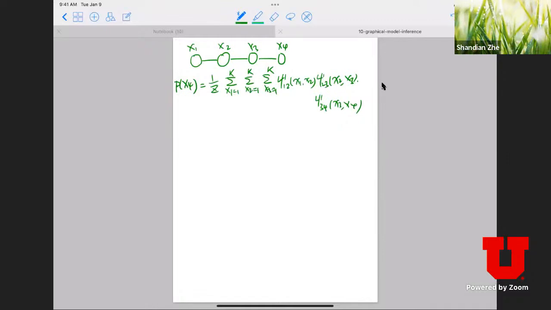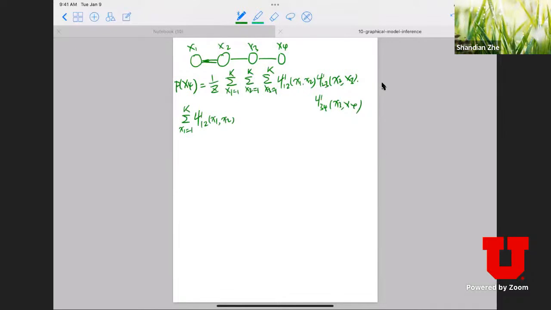Let's fix x2 and sum over the first potential function defined on x1, x2.